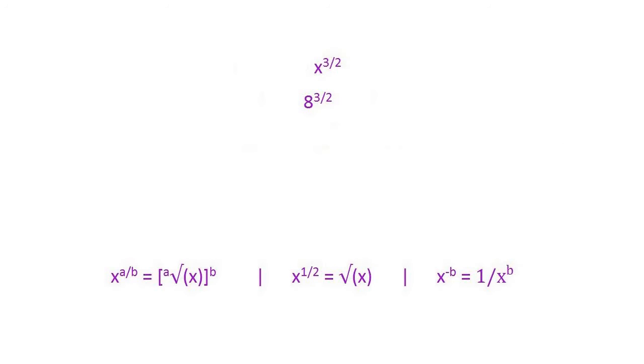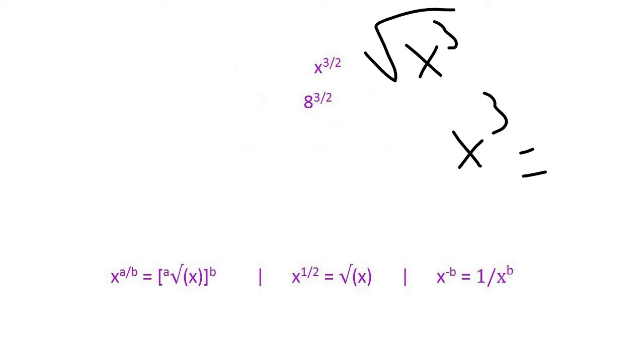We have x to the 3/2 power. Now we can rewrite this as x cubed with a square root. So if we have x cubed, that is equal to x to the 3/1 power.